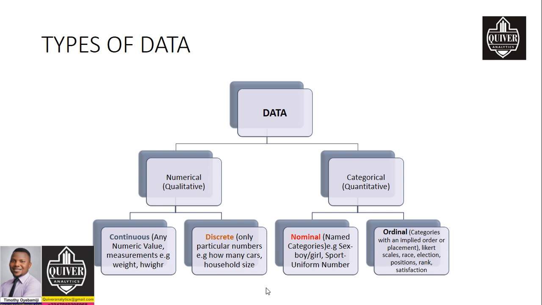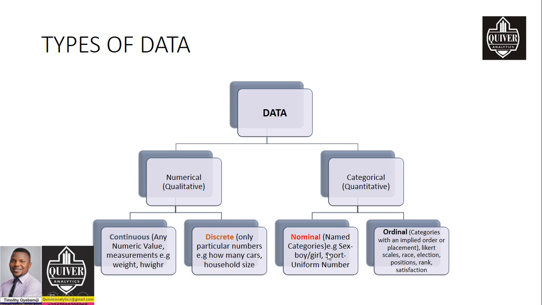So how do we analyze boy and girl? What we do is we give them numbers. One for boy, two for girl. If you're using software like Excel, you have to have a coding note somewhere where you write down those numbers so you won't forget. One for boy, two for girl.